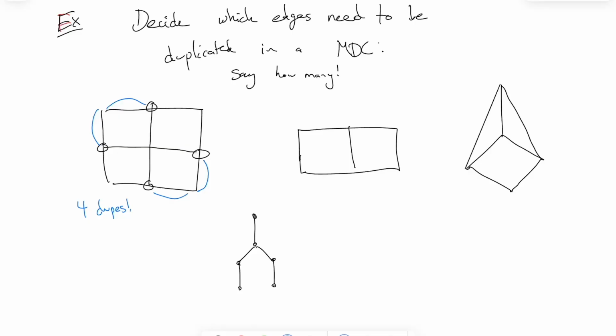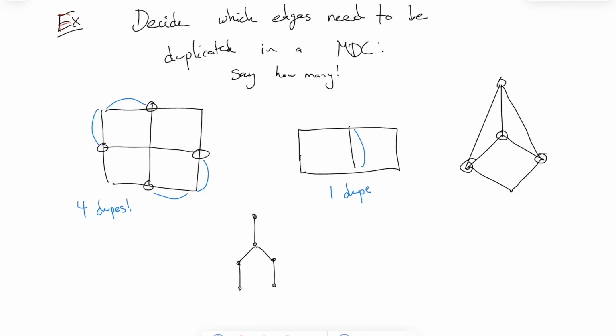The one in the middle there, or this one here, you need only 1 duplication. 1 dupe. Here, this thing over here, you're always focusing on the odd vertices. They would be here, here, here, and here. Those are all degree 3s. You want to pair them up in the nicest way possible.